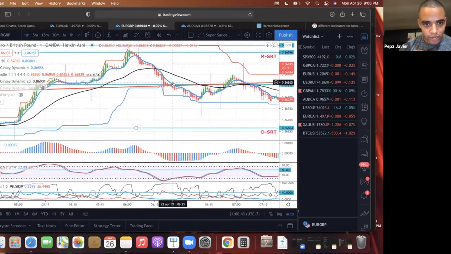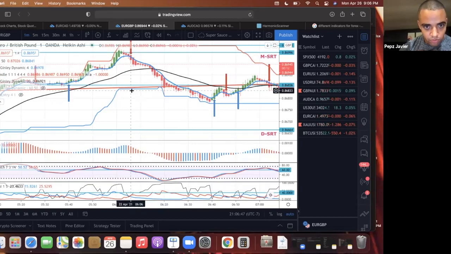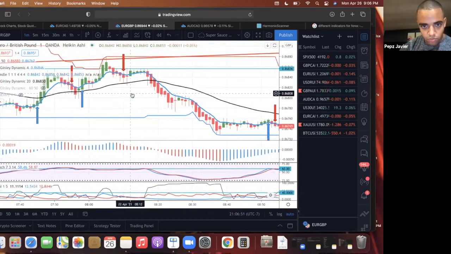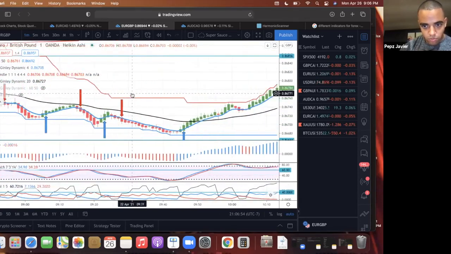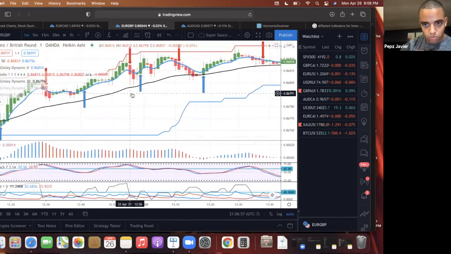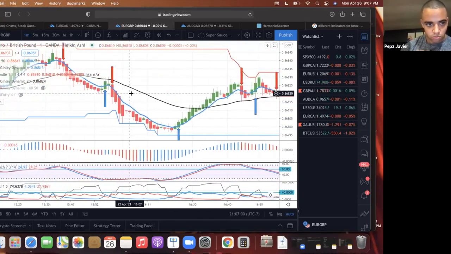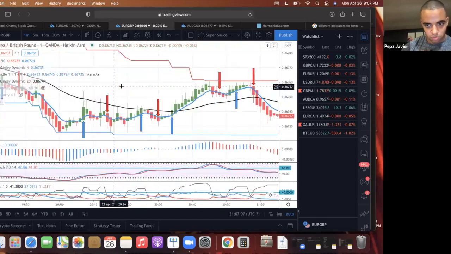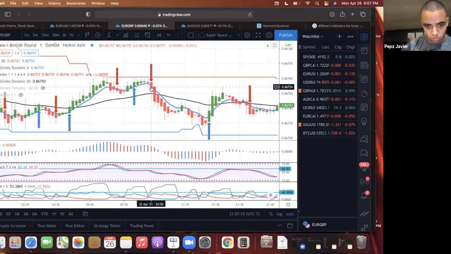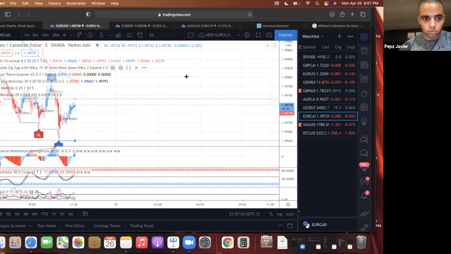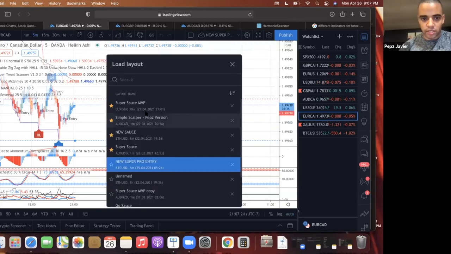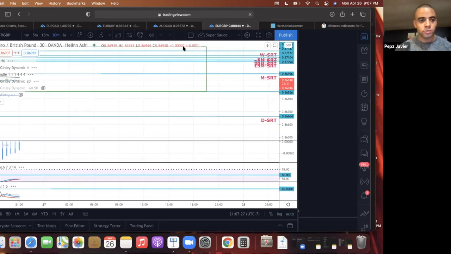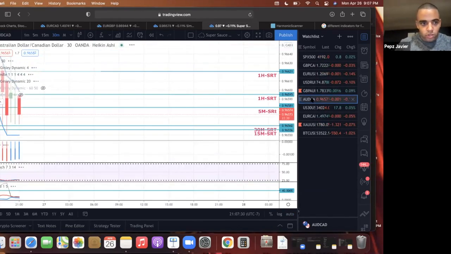And that's exactly what I'm doing right now. This may work. Let me look at one more pair, just in case I can find a better example, but if not, we'll use that example. Usually AUD cat is pretty good.